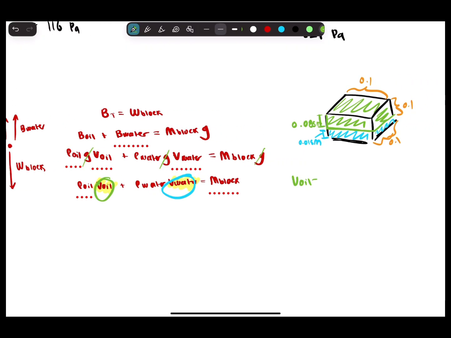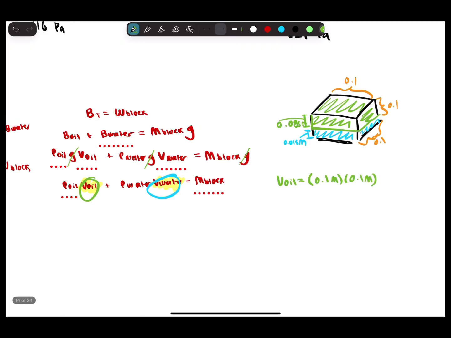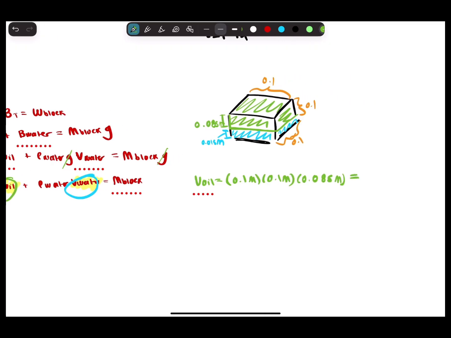So if I want to find the volume of oil, that's going to be equal to the length, which is 0.1 meters, the width, which is 0.1 meters, and the height, which would be 0.085 meters. And if I want to find the volume of water, that will equal the length, which is 0.1 meters, the width, 0.1 meters, and the height, which is 0.015 meters.